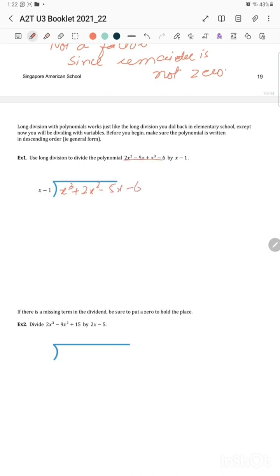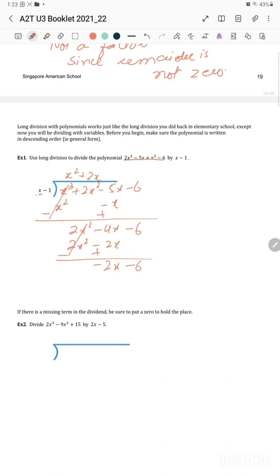The first step is to arrange this in descending order. So x is going to go with x square. So with x square it's going to be x square minus x. We will get 2x square minus 4x minus 6. x with 2x plus 2x, it will come 2x square minus 2x. Minus 2x minus 6. Minus 2x plus 2, minus 8.